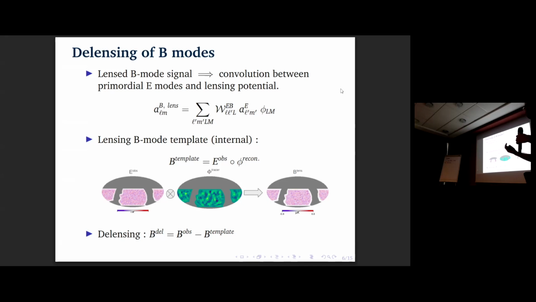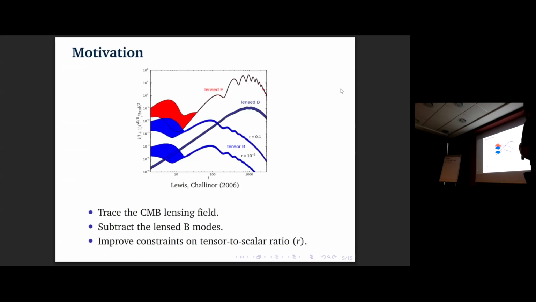It will give some residual B-modes, but we can still get an idea of the lensing B-modes and subtract this template from the observed B-mode, and then we call the delensed B-mode B-del, let's say. Then we can get a better constraint on r, because that will subtract some of this lensing power from the observed B-mode.